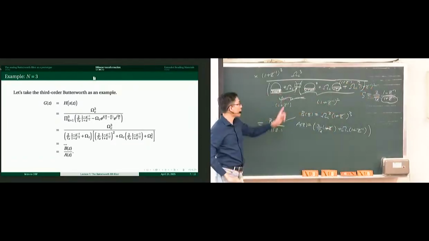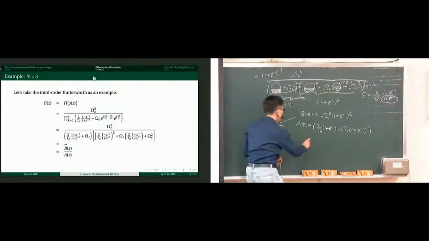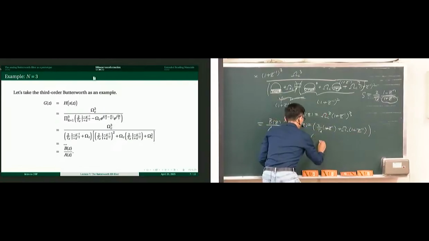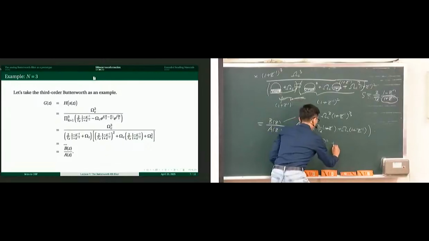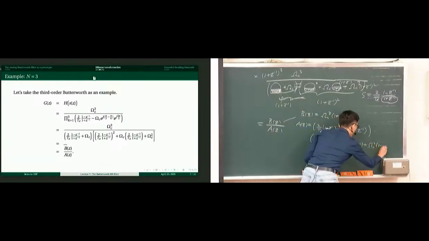So now do we have a polynomial? Do we have a polynomial? Yeah. Okay. Now A of z is this times something square plus omega c something 1 plus z inverse plus omega c square 1 plus z.